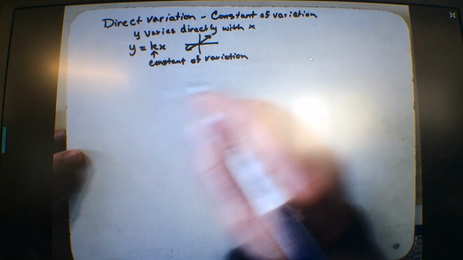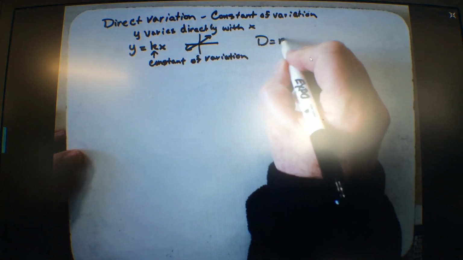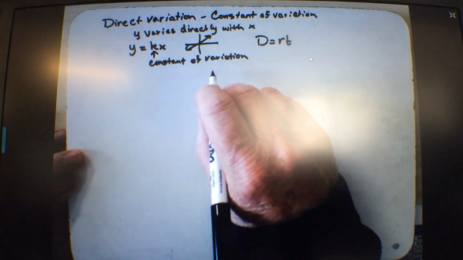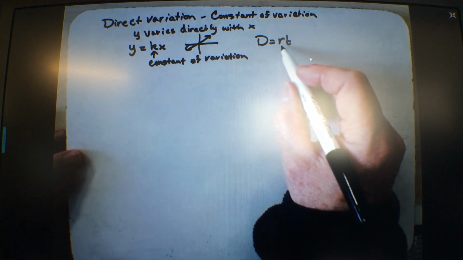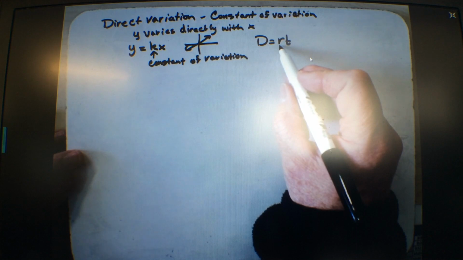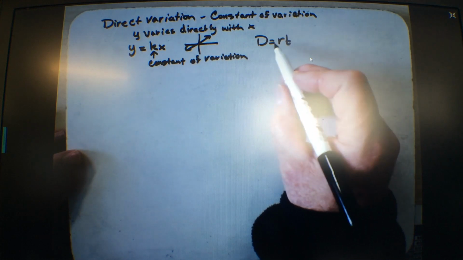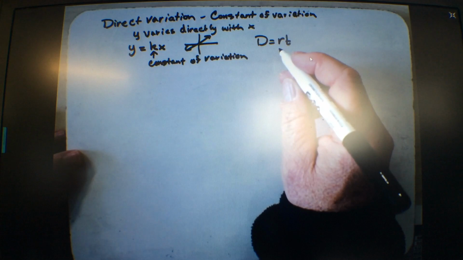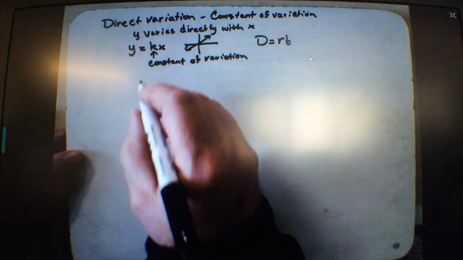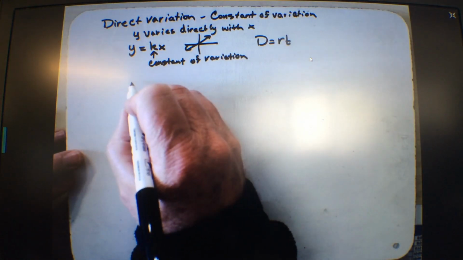You understand that? And so one of the most famous ones is d equals rt, distance equals rate times time. If we were to make one of these a constant, let's say we kept our rate the same, as your time went up, the longer you drove, the farther you went, correct? Does that make sense?